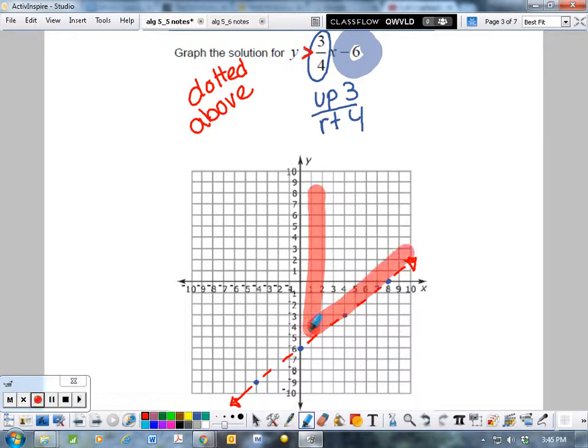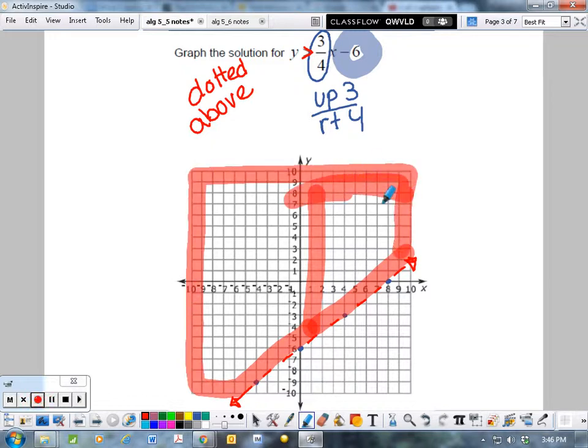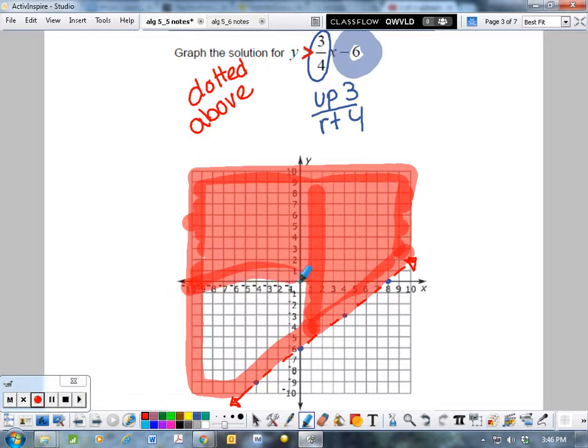So everything from here up is all shaded. And that is our solution. So every point in that shaded region is an answer. And if you were to plug in those XY coordinates, it would actually work.